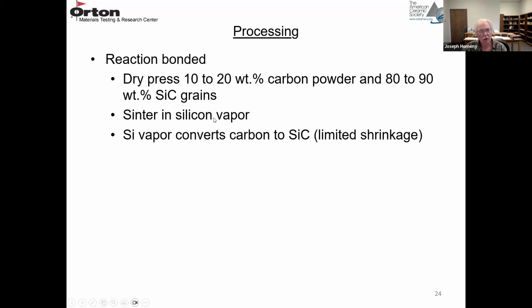So you're evaporating silicon in this operation. The silicon vapor penetrates the refractory and reacts with the carbon and forms silicon carbide. So the silicon vapor converts the carbon to silicon carbide. Again, this is a limited shrinkage process, so it's kind of a net shape forming process.